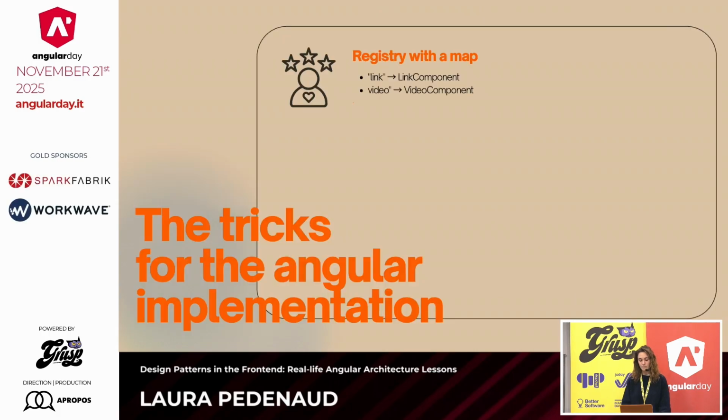So here are the tricks for the Angular implementation of our strategy pattern. First, we created a map in the registry. It's a simple map that maps the content type from the CMS. For example, we have a link content type.